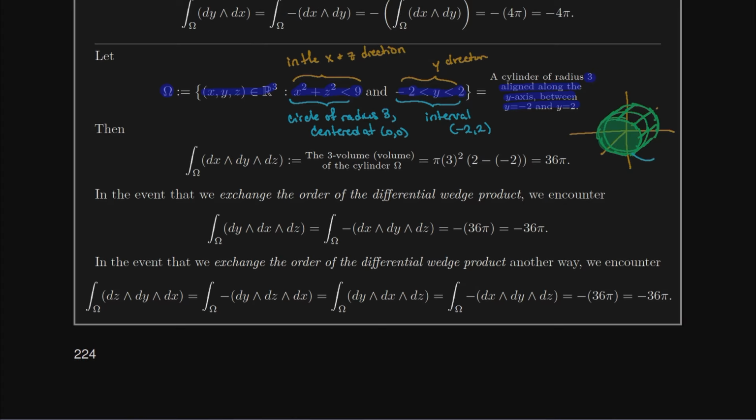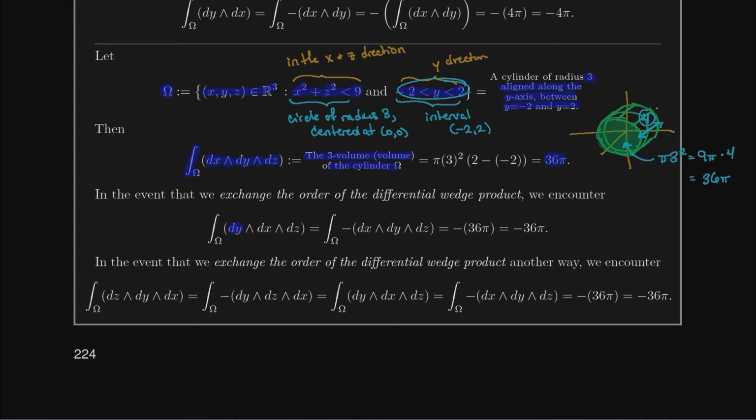Well, we'd calculate the area of the face of the cylinder. That's just pi r squared, so 9 pi, and then we'll take the face of the cylinder and draw it out along the length. What is the length of this interval, -2 to 2? That would have a total length of 4, so we'll multiply by 4 and get 36 pi for the volume of that cylinder. So we're just going to define the dx wedge dy wedge dz integral over this domain to be the 3-volume of that cylinder, 36 pi.